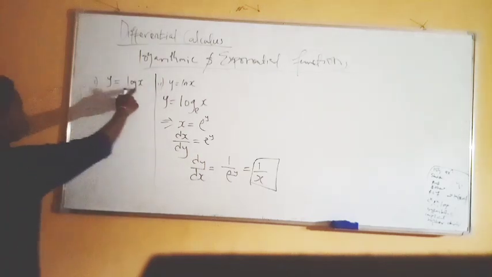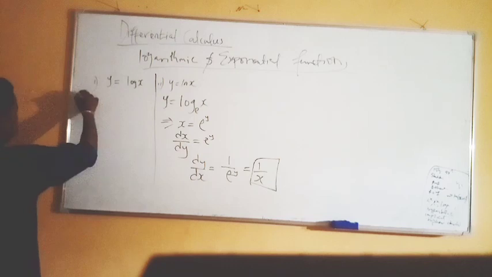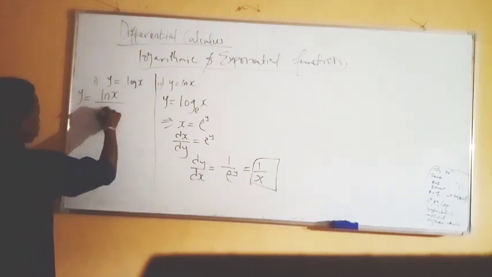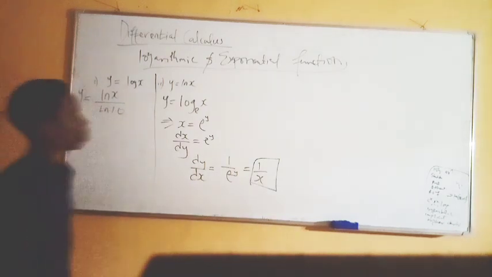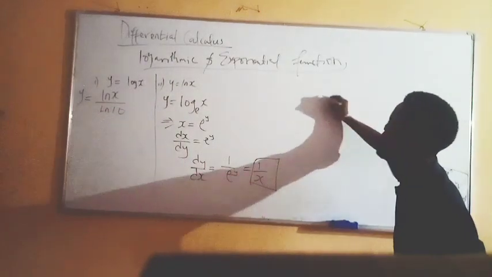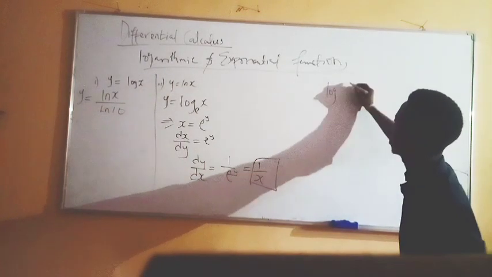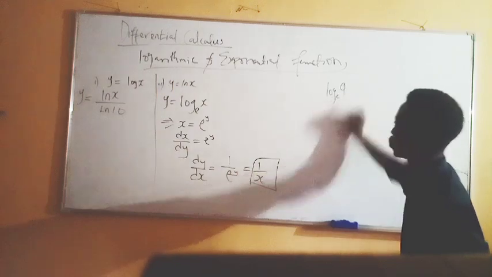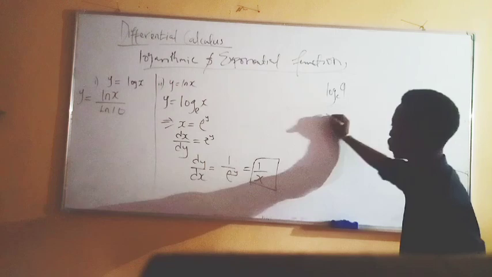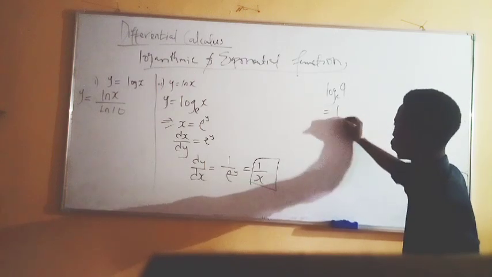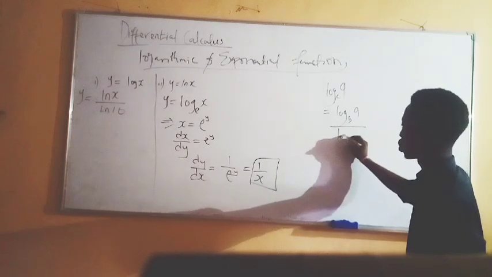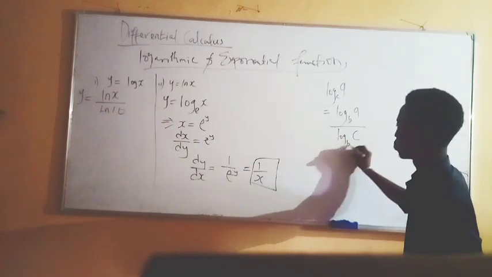Now, log x means ln x over ln 10. How? By the laws of logarithm, we know that log a to the base of c, take for instance, is equal to log a to the base of b over log c to the base of b.